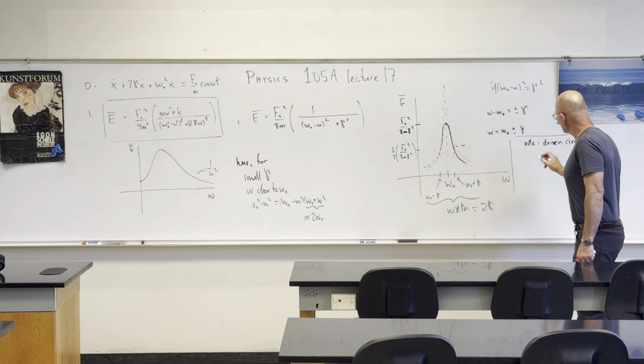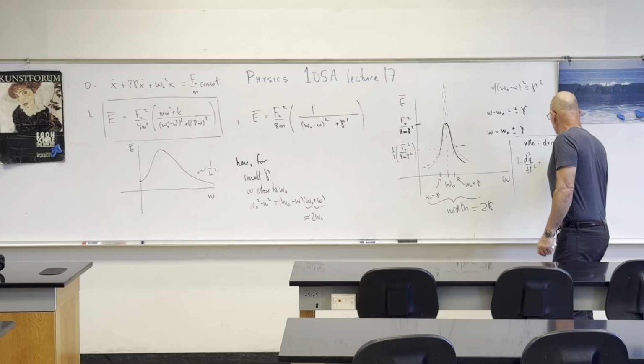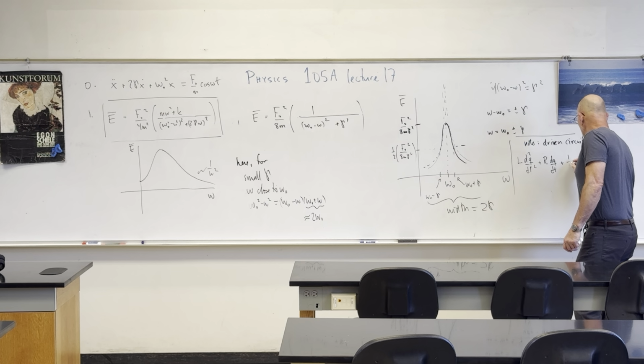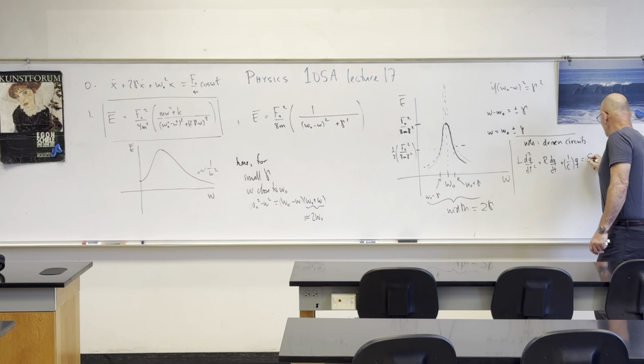And the differential equation looks something like L d squared Q dt squared plus R dQ dt plus 1 over C Q equals cos omega t.